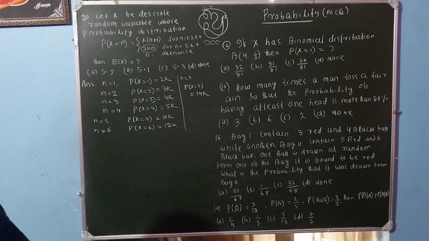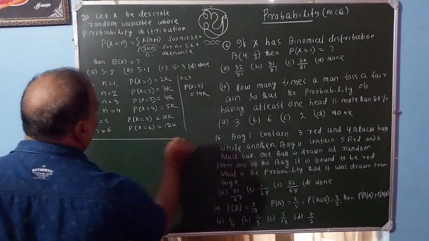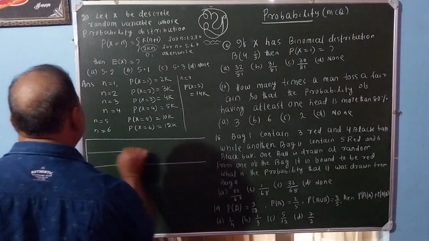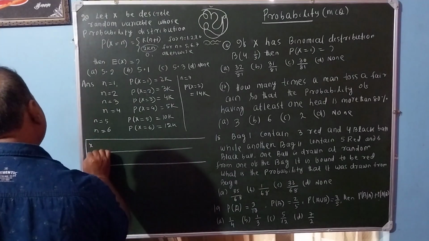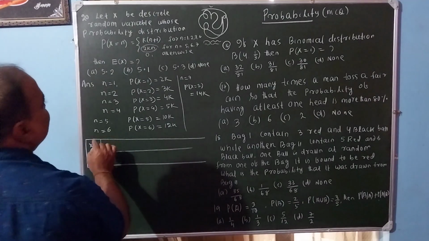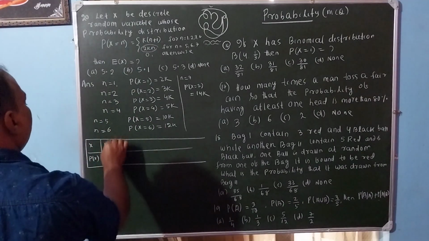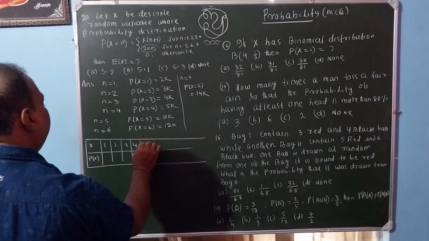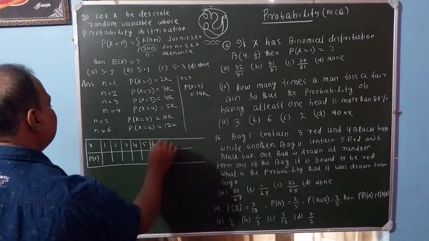Okay. Now we have to make one table. Here it is x, here it is probability of x. Here x is 1, 2, 3, 4, 5, 6, 7.